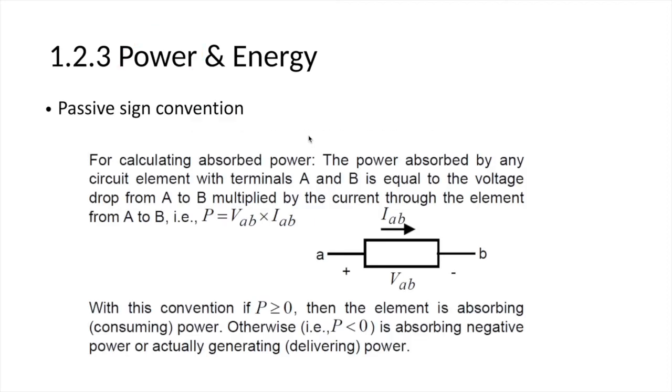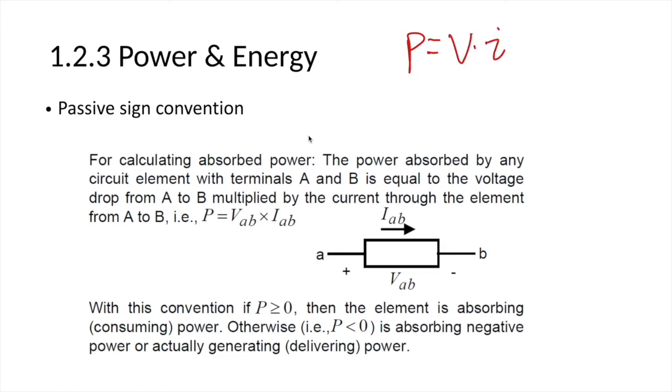Before we calculate the power, we need to discuss the passive sign convention, because with a different reference direction, the result differs, even though P equals V times I, right?